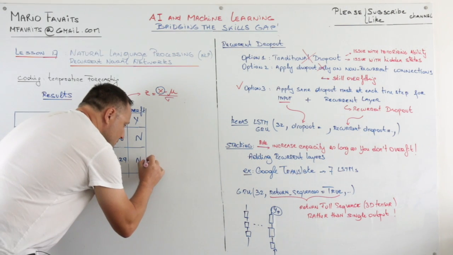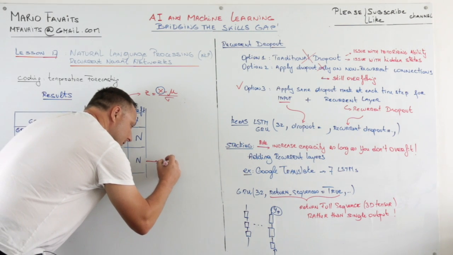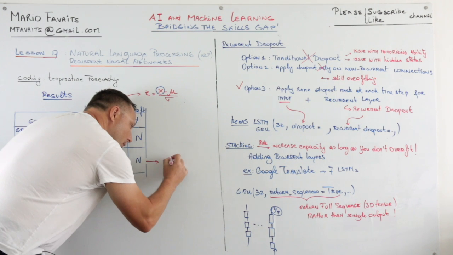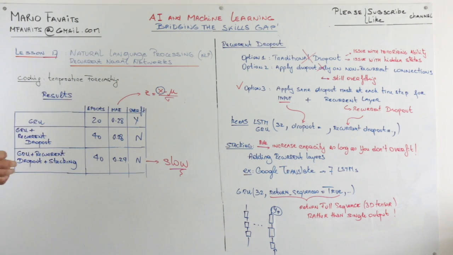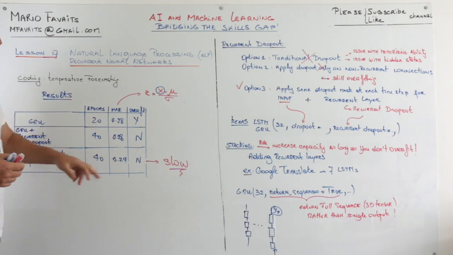The main issue here was it was slow. It took a lot longer, this one versus this one. So you gotta take a look at computational needs and power versus accuracy.